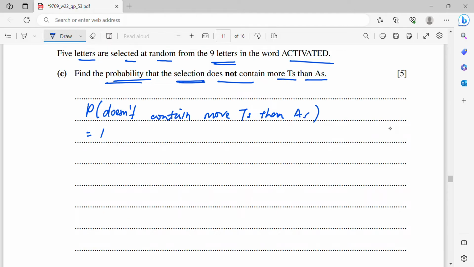Does not contain more T's than A's means this is 1 minus P(contains more T's than A's). Alright, that is a complement. So now I need to count what are the conditions for getting more T than A. Alright, more T than A. I use another color.